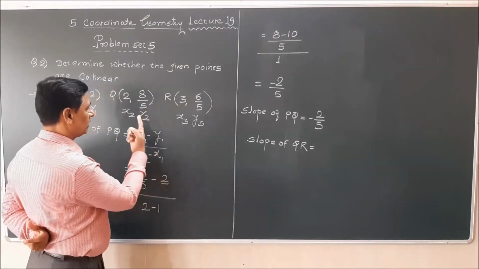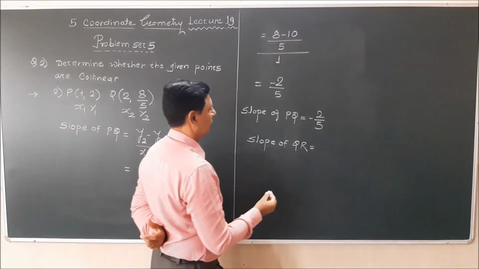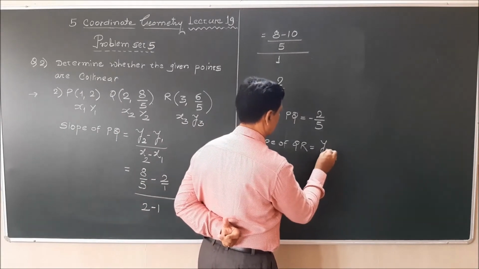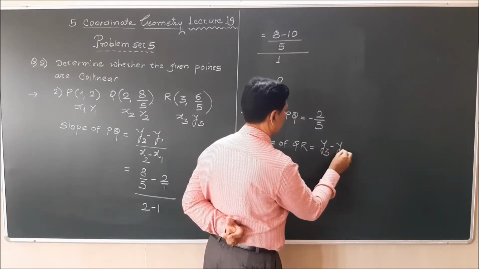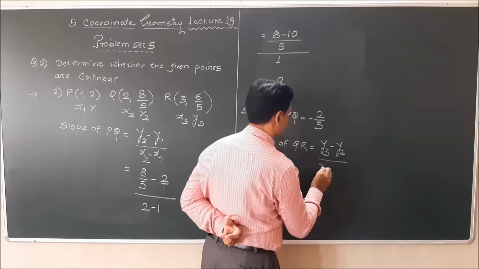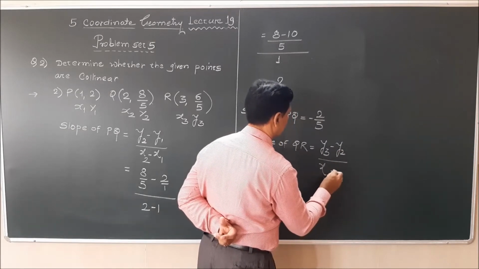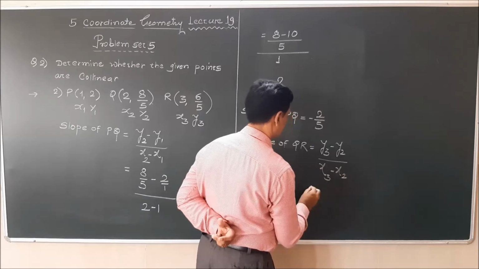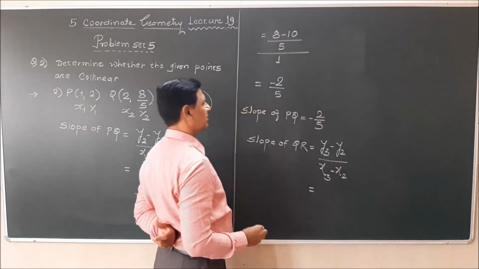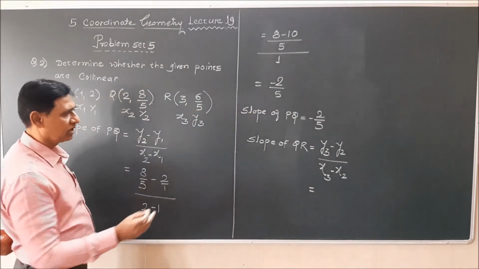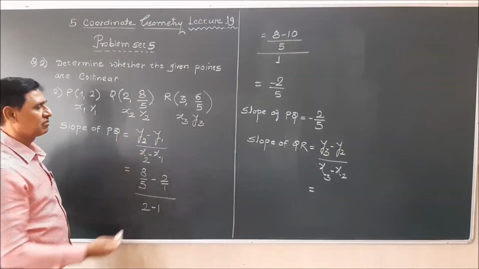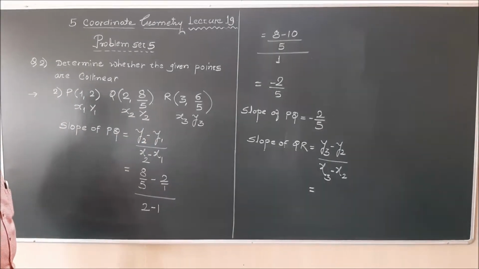So y3 minus y2, of course, over x3 minus x2. We are using the slope formula only. So slope of QR is equal to y3 minus y2 upon x3 minus x2.